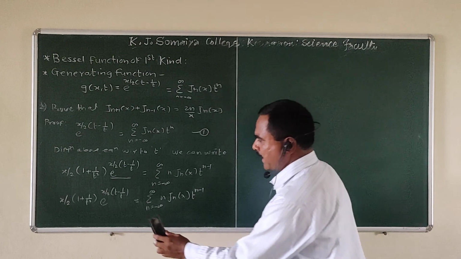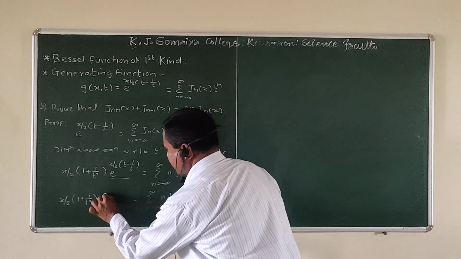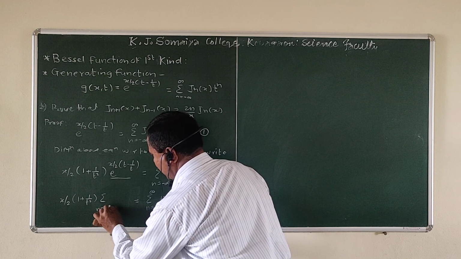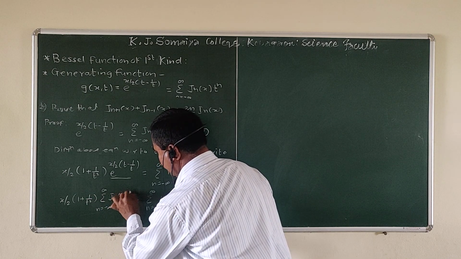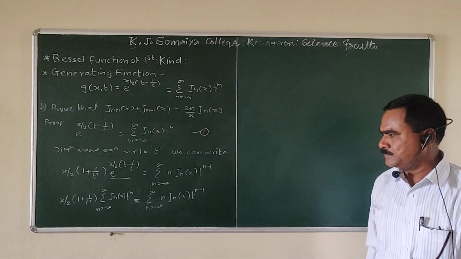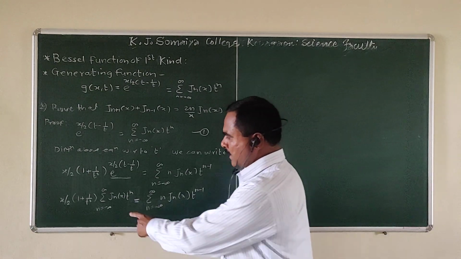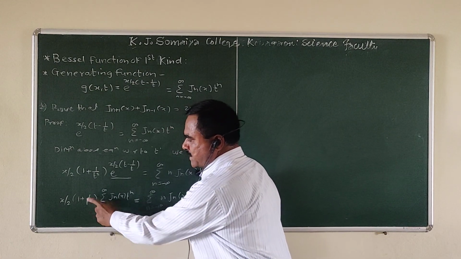Now here we write the power series. Power series summation n from minus infinity to plus infinity Jn of x t raised to n equal to this term. Okay, then we multiply this power series with this term and this term.